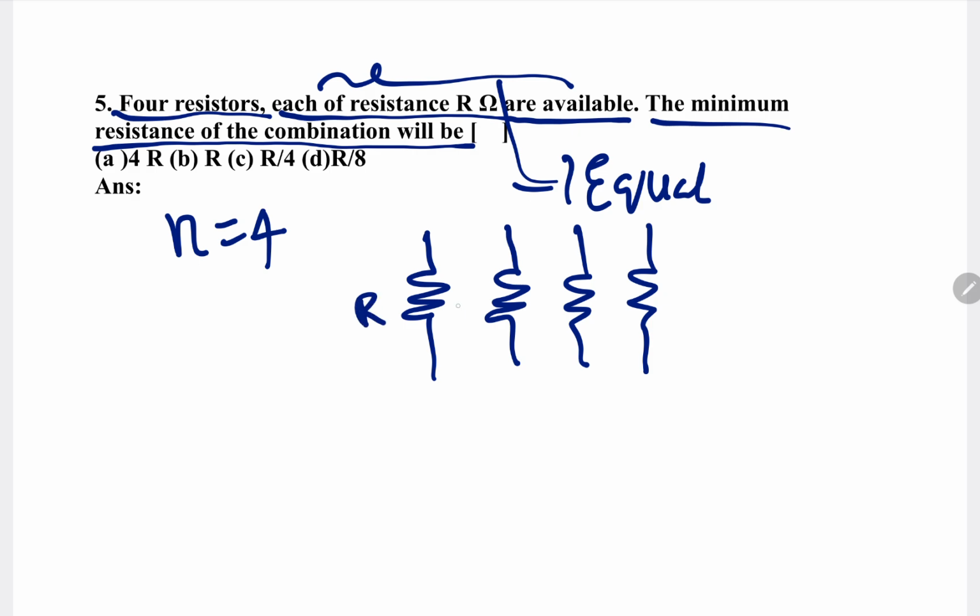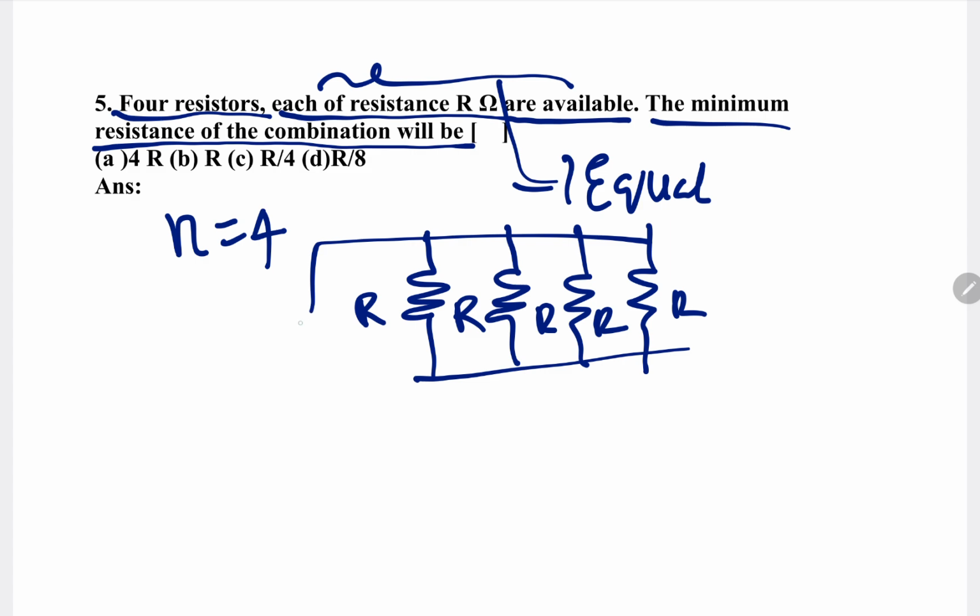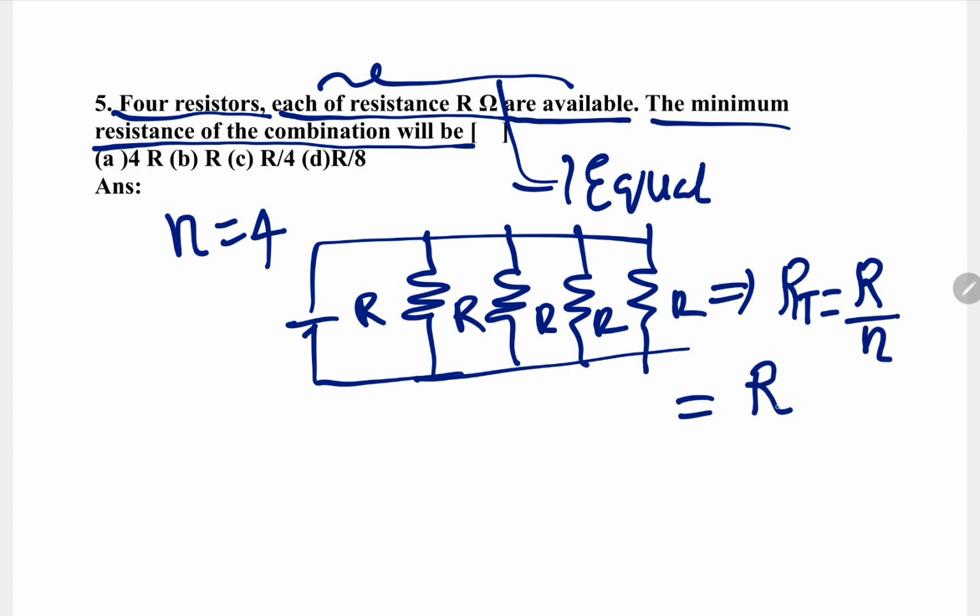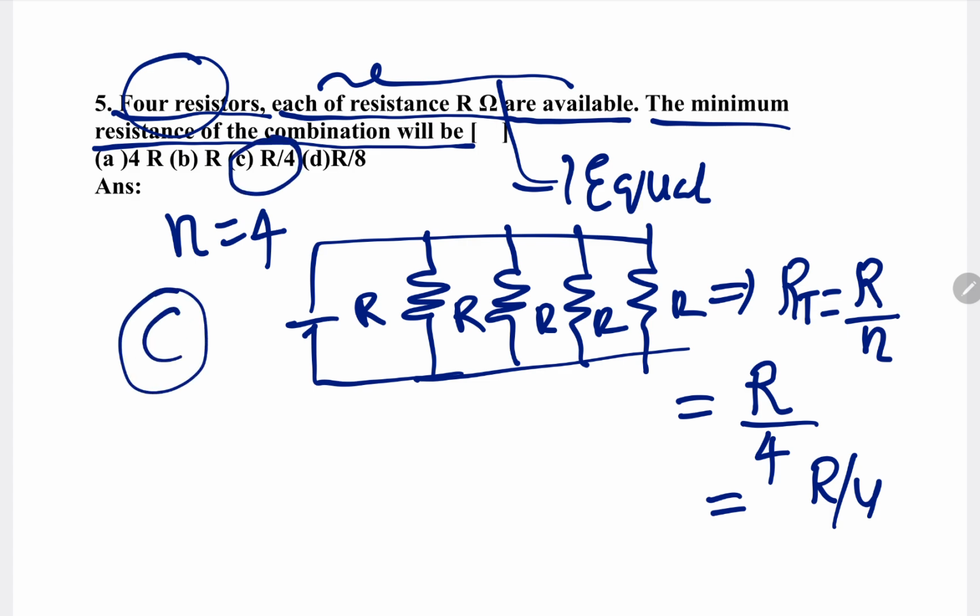So each resistor value is how much? R, R, R, R. All are connected in parallel. Then what is the total resistance? Total resistance is resistance value by number of resistors. Resistance value is R. How many resistors are there? Total 4 resistors are there. So the minimum combination is R by 4. Whenever they are connected in parallel, we will get the minimum resistance, that is R by 4. Answer is C.